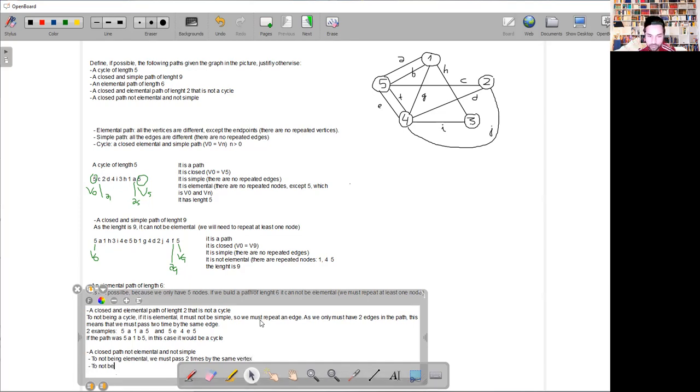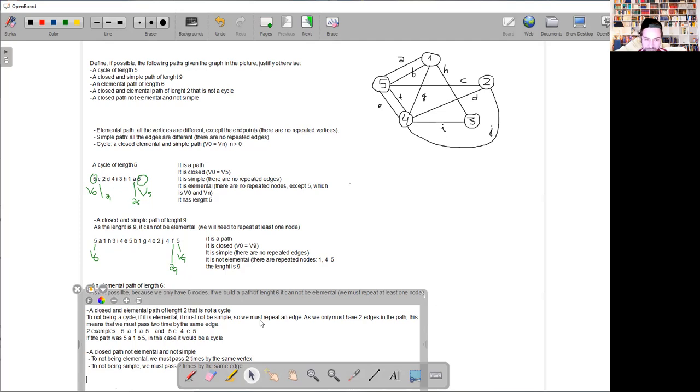And to not be simple, we must pass 2 times by the same edge, right? And to be closed, the first vertex must be equal to the final one, right?